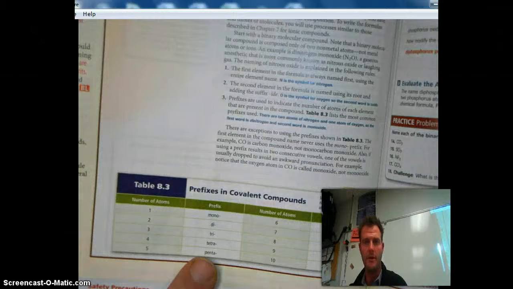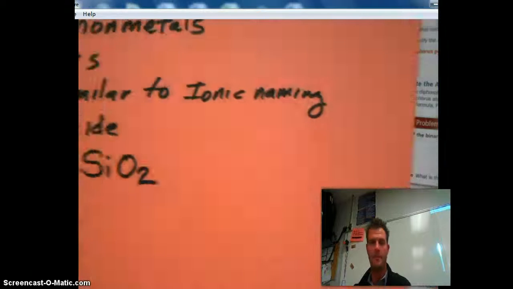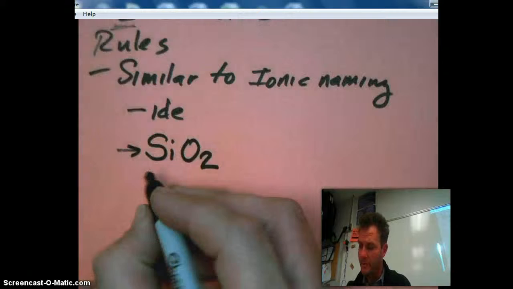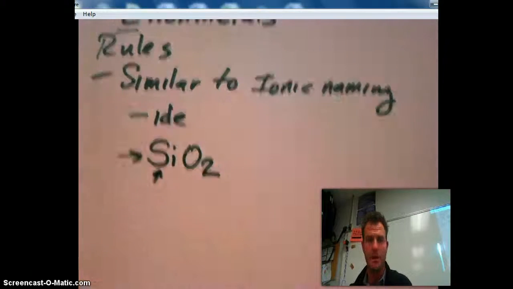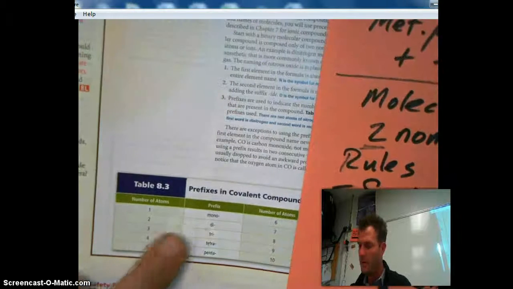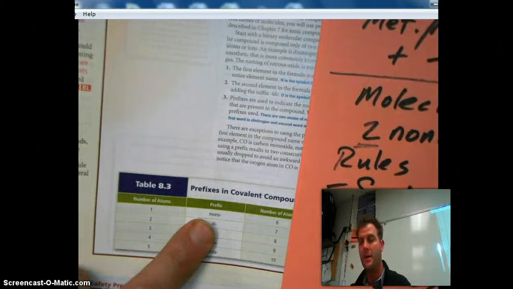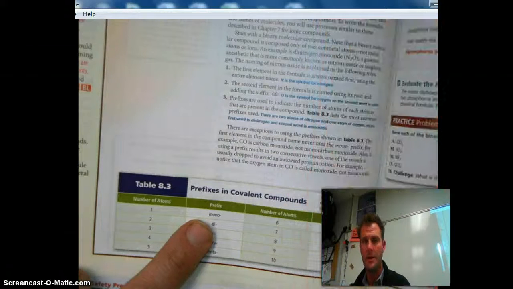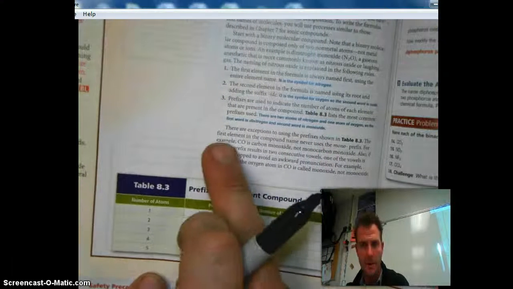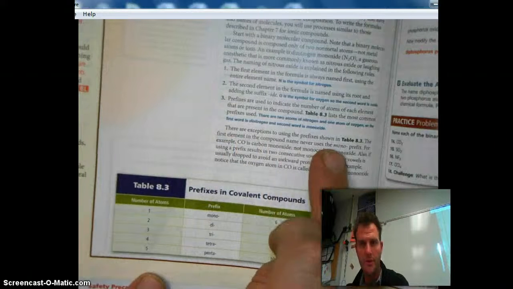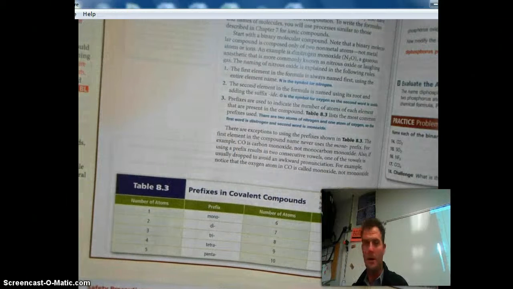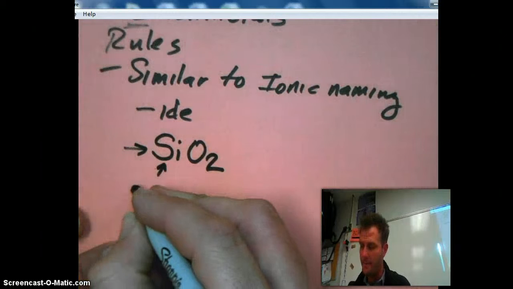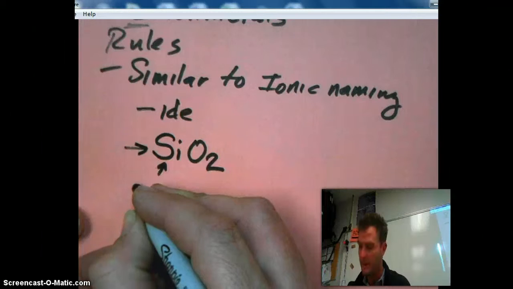We can come to our book and ask, what are the prefixes involved here? Since this is one atom, you might say monosilicon. But as you can read in your book, there are exceptions to using the prefixes. Mono is never ever used on the first atom or the first element in your naming.